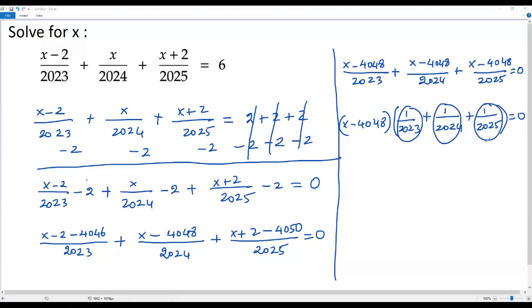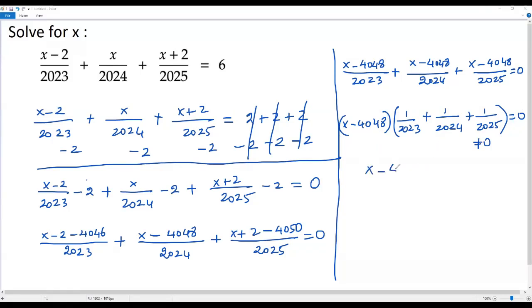The addition of three positive values can never be 0, it is always greater than 0. So the second term is not equal to 0. So definitely the first term, x − 4048, must be 0, so that the product of these two quantities is equal to 0.